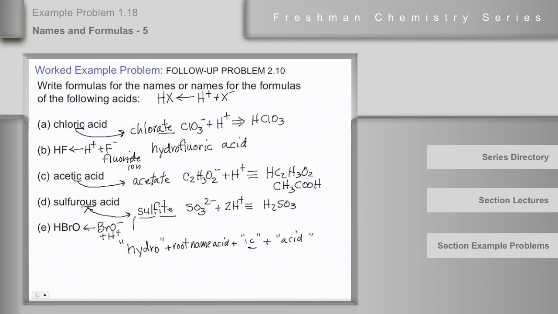BrO minus is the hypobromite ion, and therefore this acid is hypobromous acid. The names of the anions are what gives us the name of the acid. ITE goes to OUS.